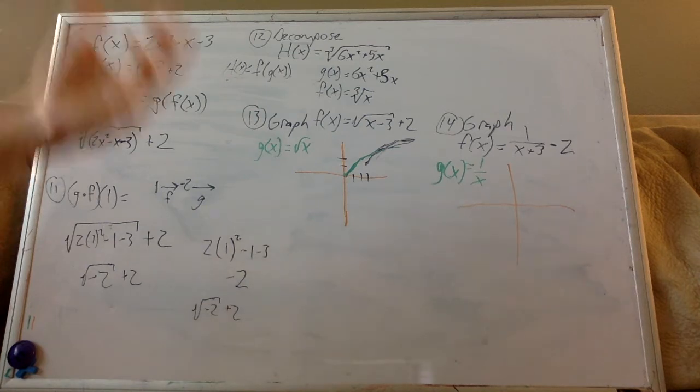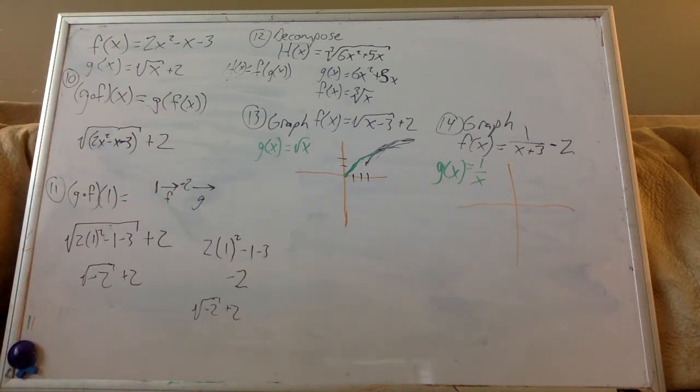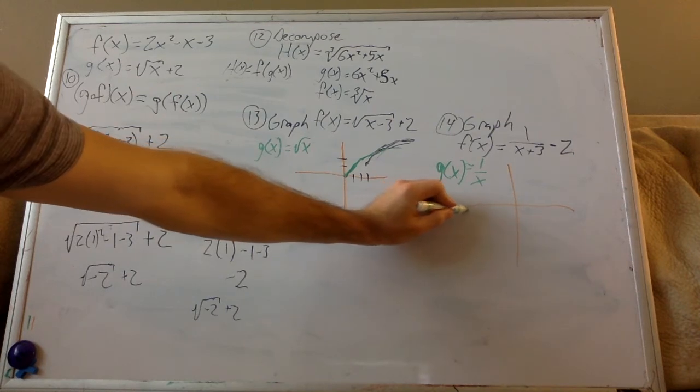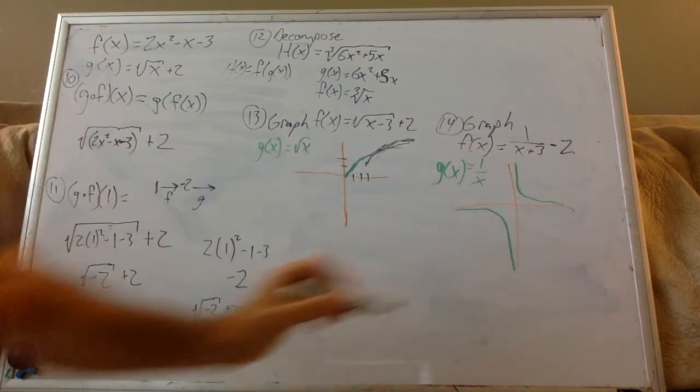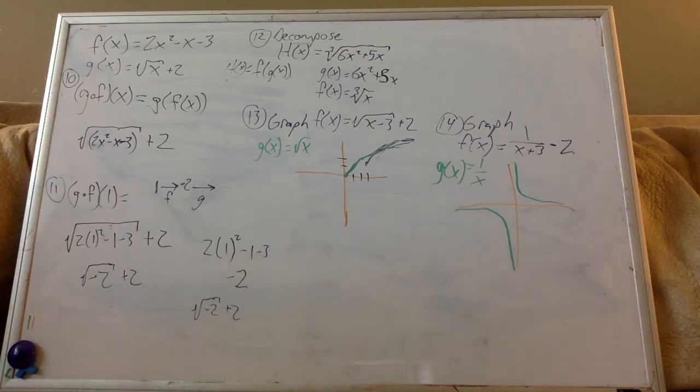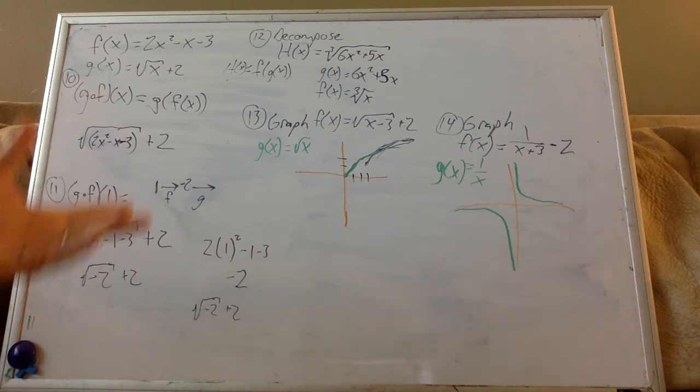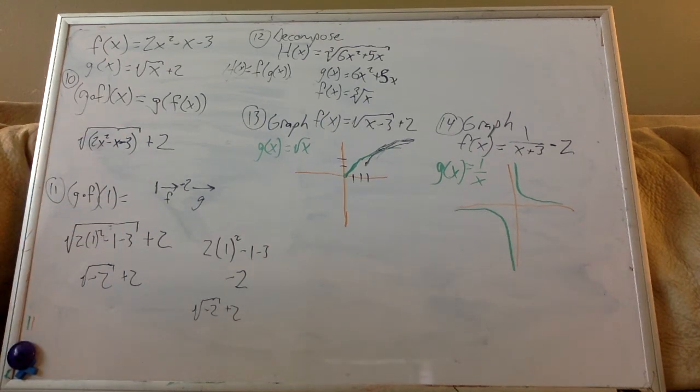And if I put in something negative, it remains negative, and if I put in something positive, it remains positive. So our base function looks something like that. 1 maps to 1, 2 maps to 1 half, 1 half maps to 2, and same sort of analogous thing on the negative side.